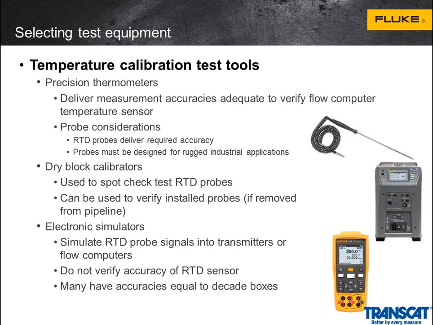However, it does not verify that your RTD sensor is actually functioning properly. So if you're going to use a simulator, having a dry block calibrator can be a very handy thing to ensure that both the probe and the transmitter are effectively calibrated.